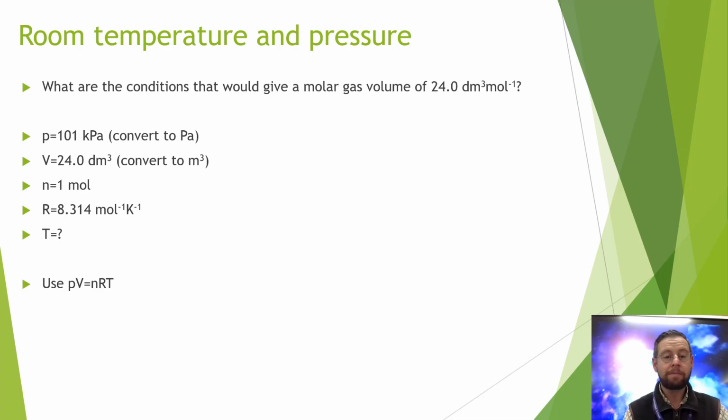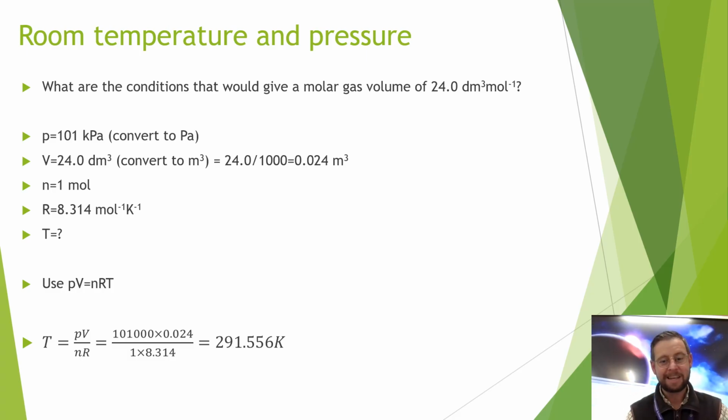The volume of 1 mole of gas is 24 decimeters cubed. We need to convert that into meters cubed first by dividing by 1,000. And n is equal to the number of moles, which is 1. The molar gas constant is always equal to 8.31. What temperature produces a pressure of this much for 1 mole of gas?